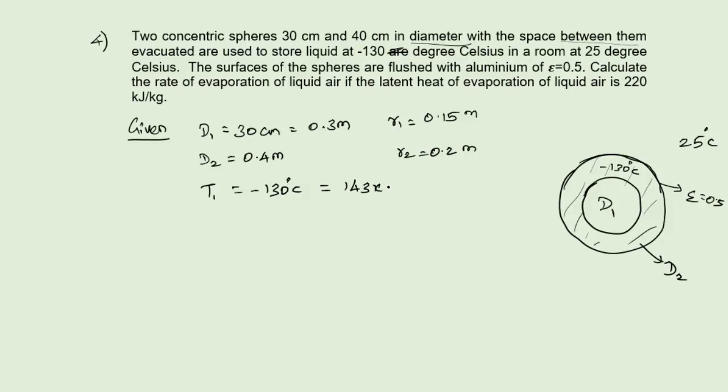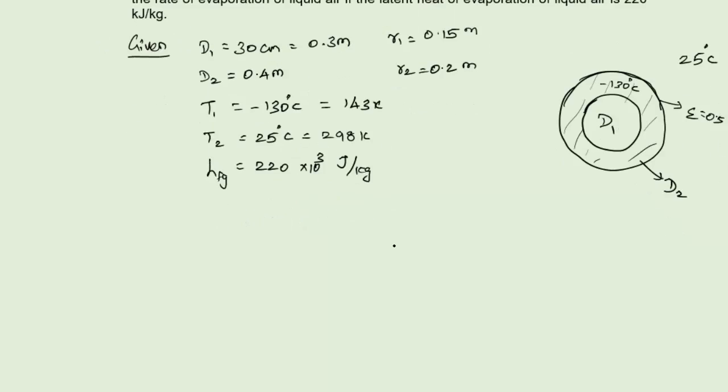T2 is 25 degrees Celsius, the ambient temperature, which is equal to 298 Kelvin. Then the latent heat HFG value is given as 220 into 10 to the power 3 joule per kilogram. It is given in kilojoule per kilogram, right?